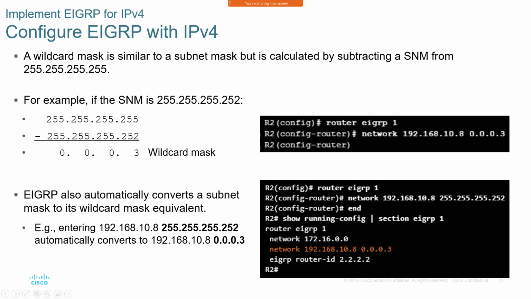If you enter the subnet mask on the latest Cisco IOS, it will actually translate that into a wildcard mask by default. In this example, I've configured EIGRP using the subnet mask. As we can clearly see here, when I do a show running-config, my Cisco IOS has actually changed the subnet mask to a wildcard mask.